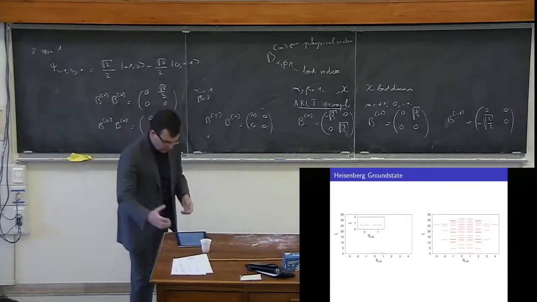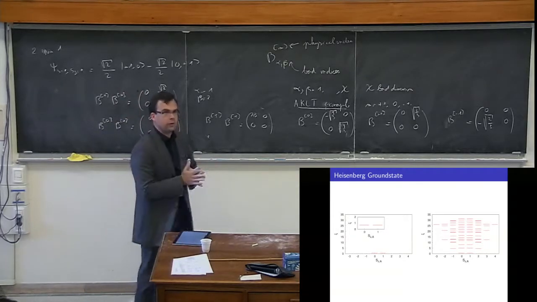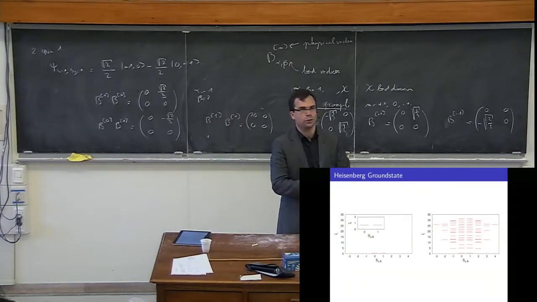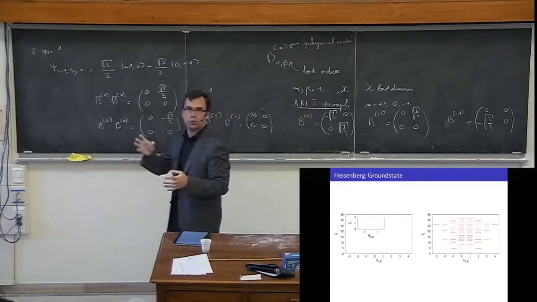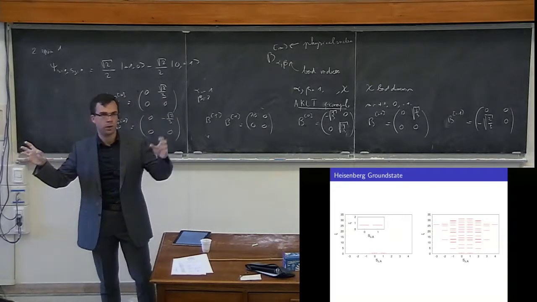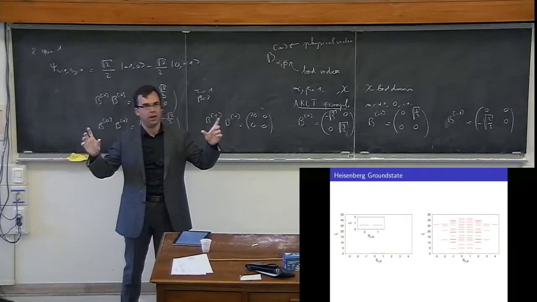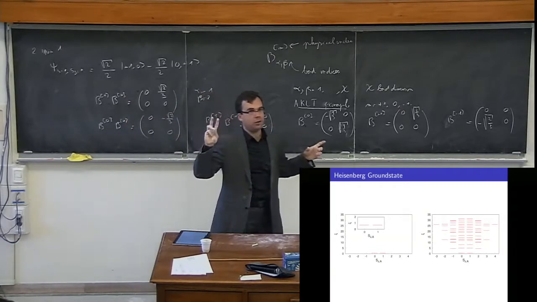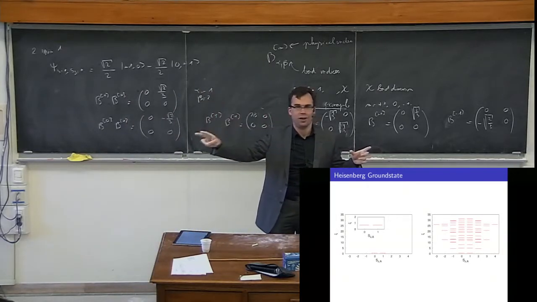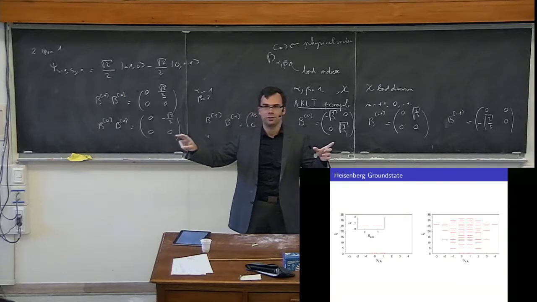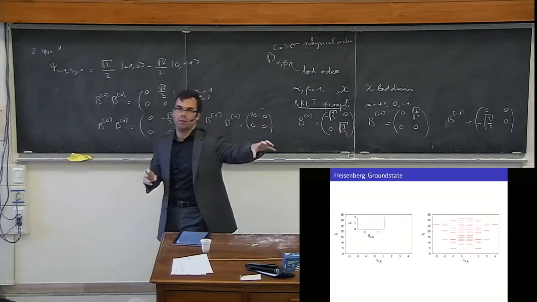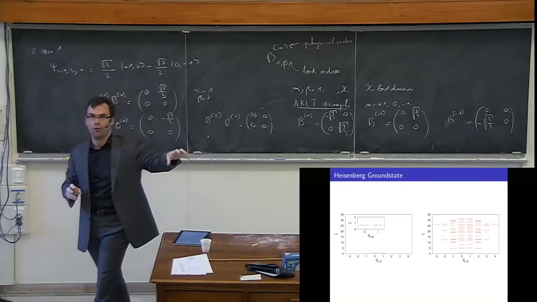I think it's the perfect time to stop here, and tomorrow we'll resume, and I will show you the relation between the entanglement spectrum and the matrix product state. Just to give you the picture, the number of levels that you have in the entanglement spectrum tells you which size you have to pick, which bond dimension you have to choose for your B matrices.